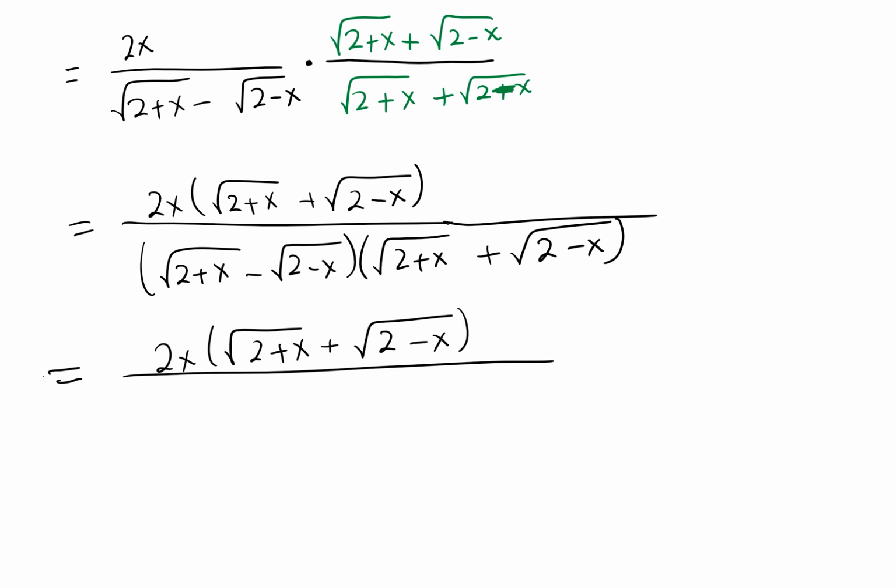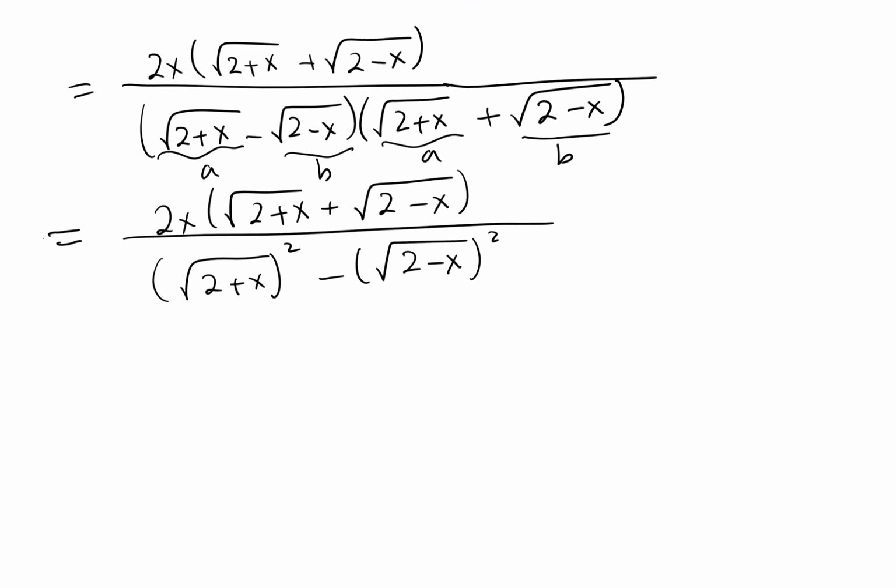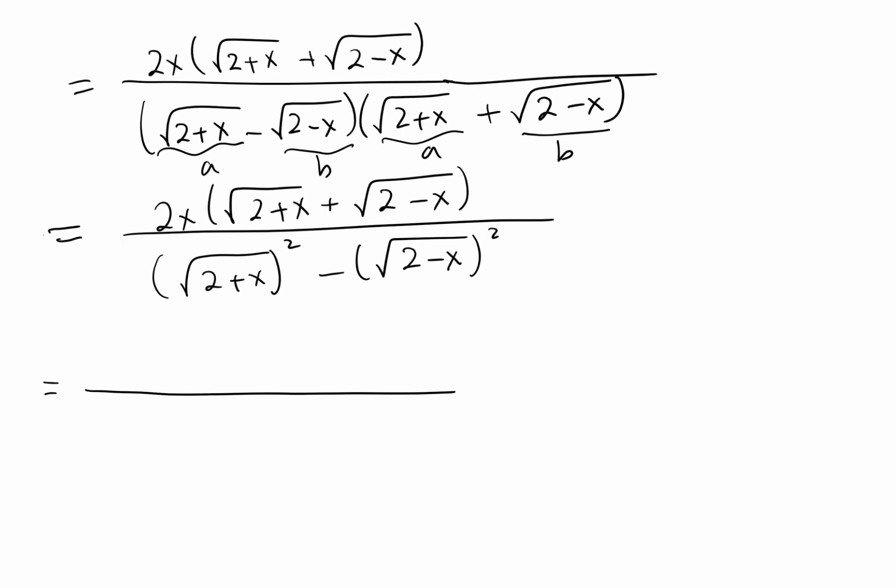The denominator looks like a minus b and a plus b. So you do a squared minus b squared. 2x times, this stays the same.